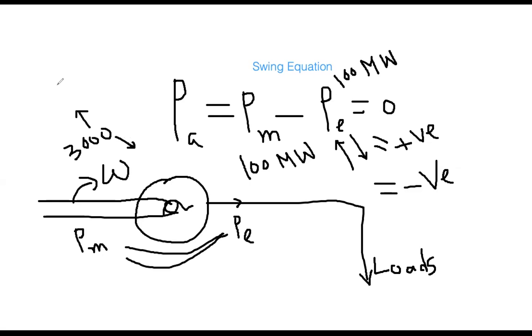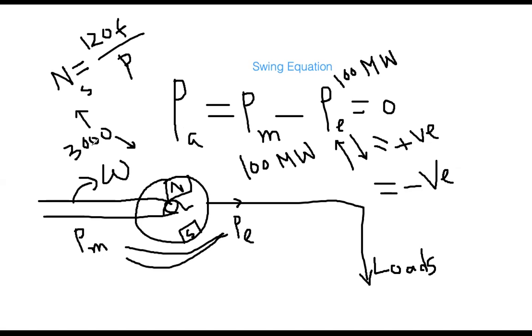But you see, everybody, what is my synchronous speed equation? Synchronous speed is 120 f over P. Your pole number is fixed for a machine, whatever it is, either 2 pole or 4 pole, the pole number is fixed.